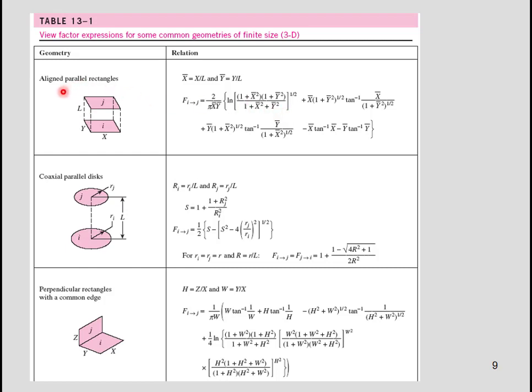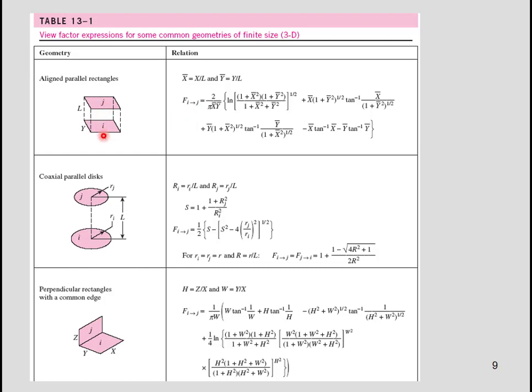For two aligned parallel rectangles placed at a distance of L from each other, and their size is equal, and the sides are x and y, we can use this equation to calculate the view factor from surface i to j.